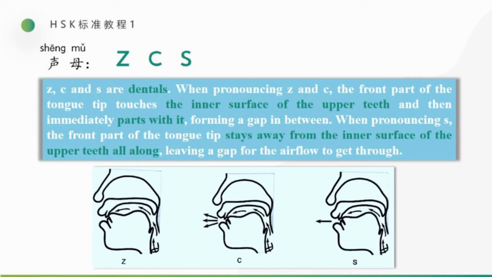When pronouncing 思, the front part of the tongue tip stays away from the inner surface of the upper teeth all along, leaving a gap for the air flow to get through. 思, 思. Okay, that is 滋, 呲, and 思.